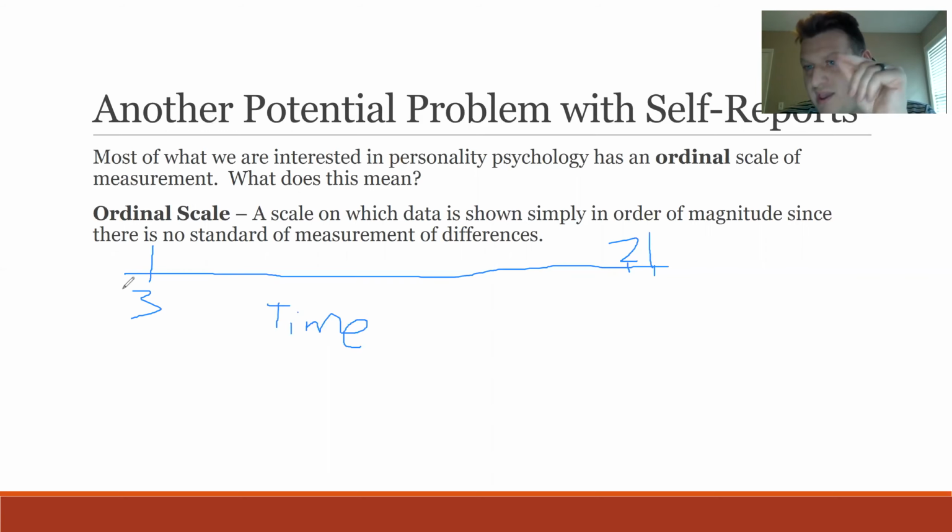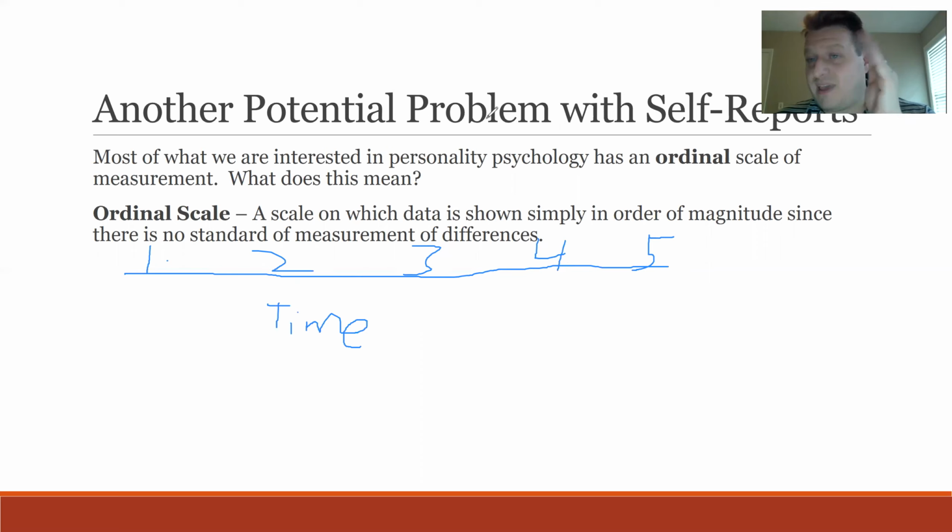The same thing goes for personality items. We don't know, let's say we have a 5-point Likert scale, if you endorse a 1, a 2, a 3, a 4, or a 5, whether they are equal distance in your personality compared to when you endorse these items.